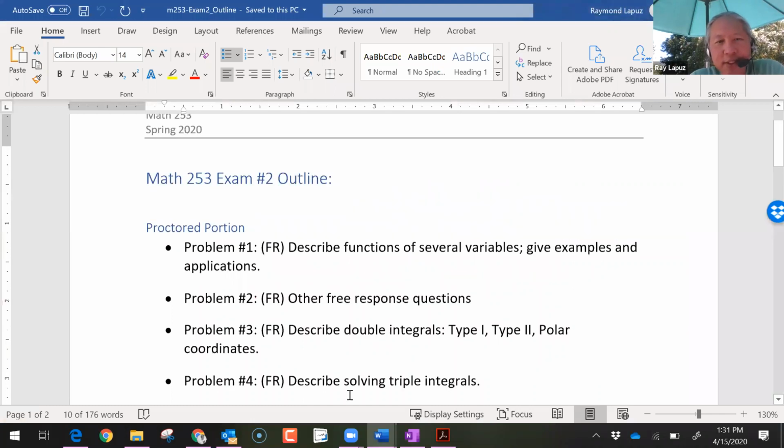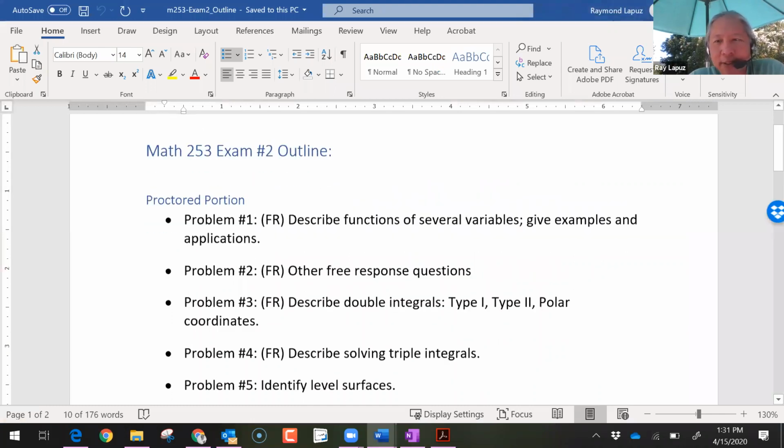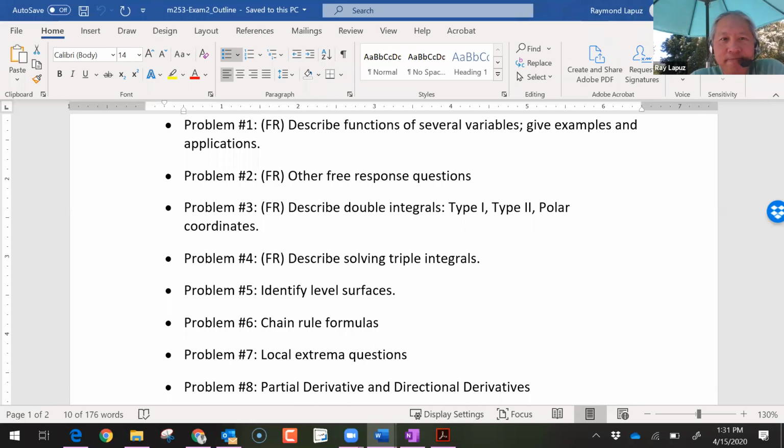Oh, describe functions of several variables. I don't know. Look at my suggestion for the first couple, or maybe the ones with free responses. I generally got those free responses from the concept check in the book.